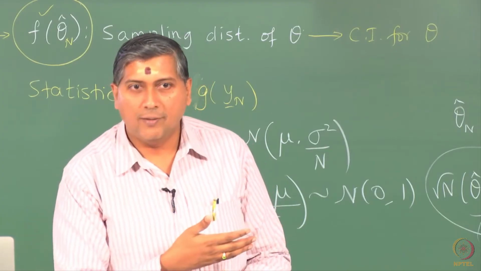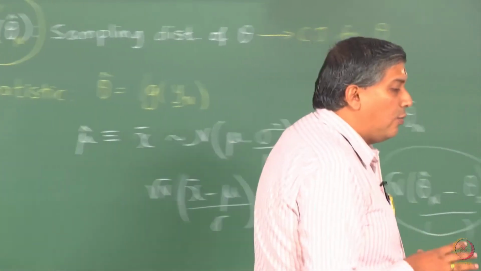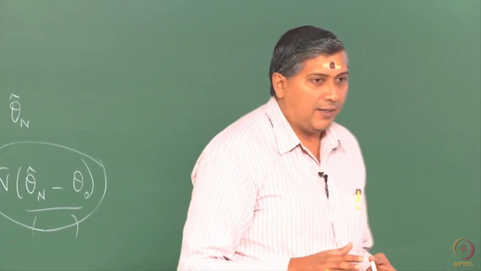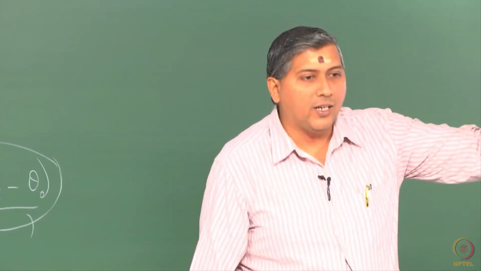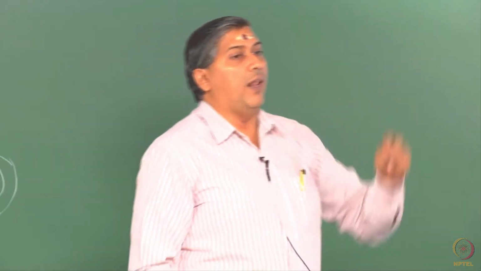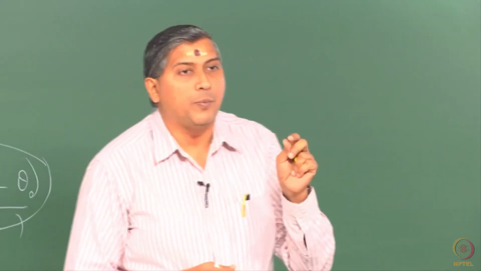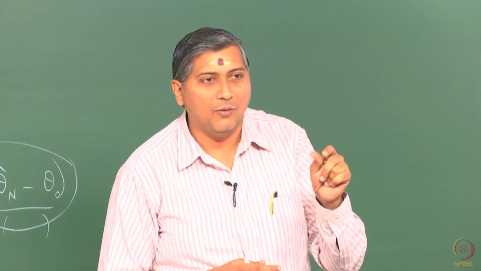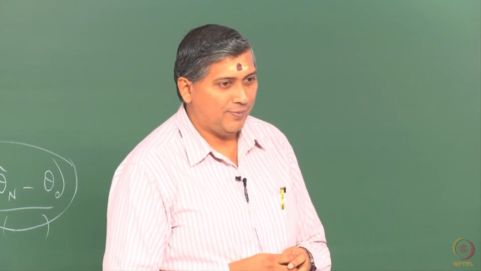Out of these 1000 intervals, 950 intervals would have captured the truth and 50 would have missed out the truth.